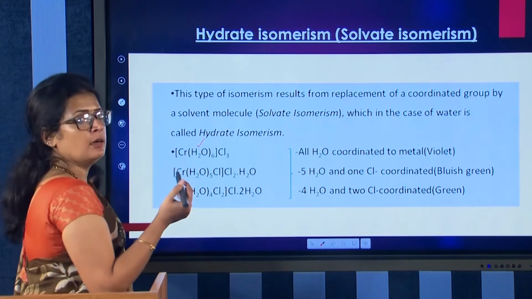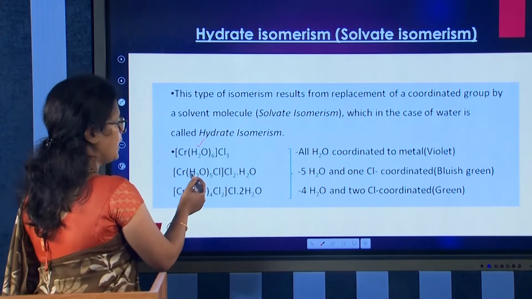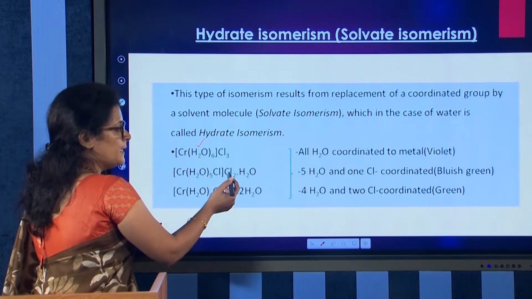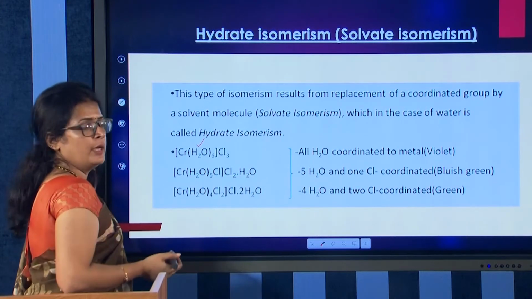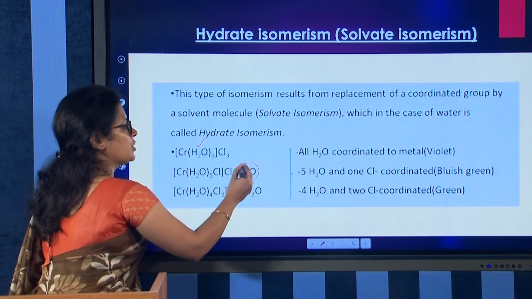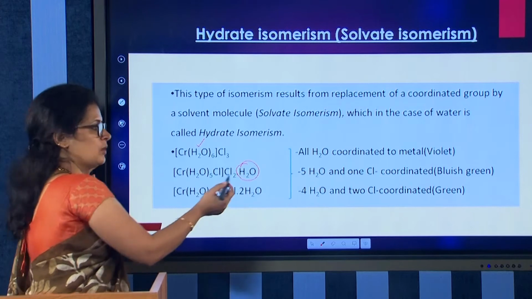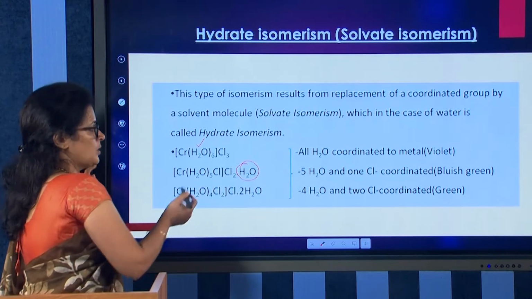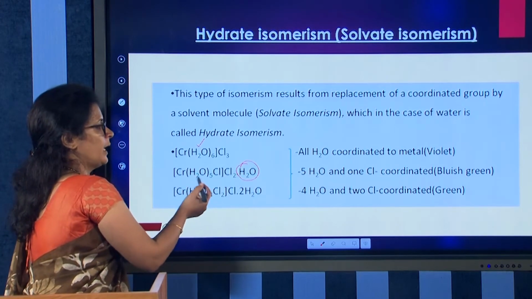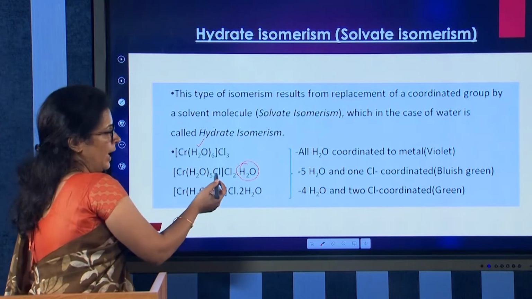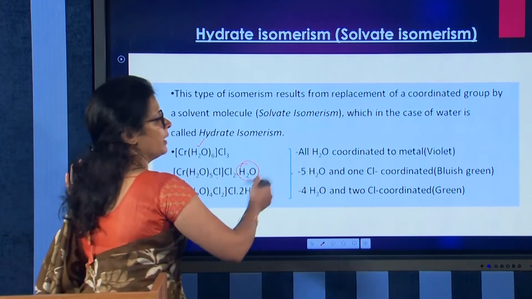But the second coordination compound is [Cr(H2O)5Cl]Cl2·H2O. This is a water of hydration. This is not a ligand, and this is not a counter ion. It is a water of hydration. So how many water molecules are acting as ligands? 5, and 1 chloride, that is 1 Cl minus, is coordinated.